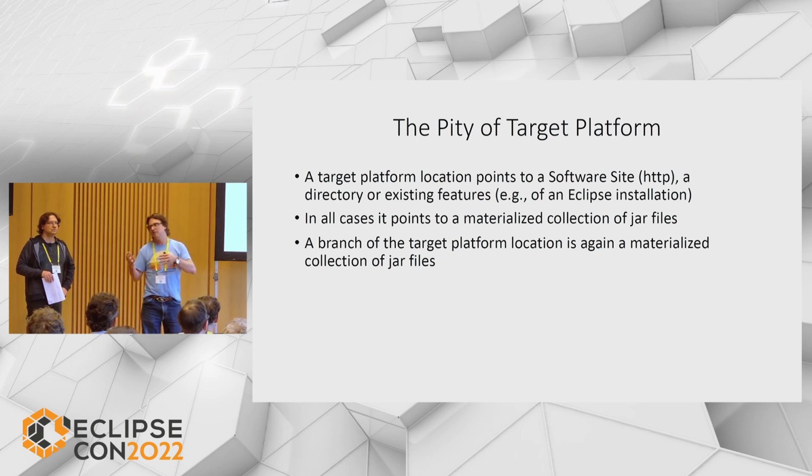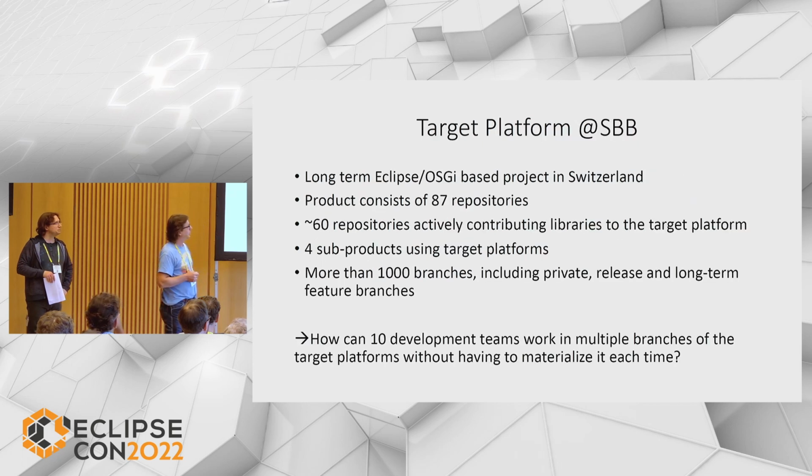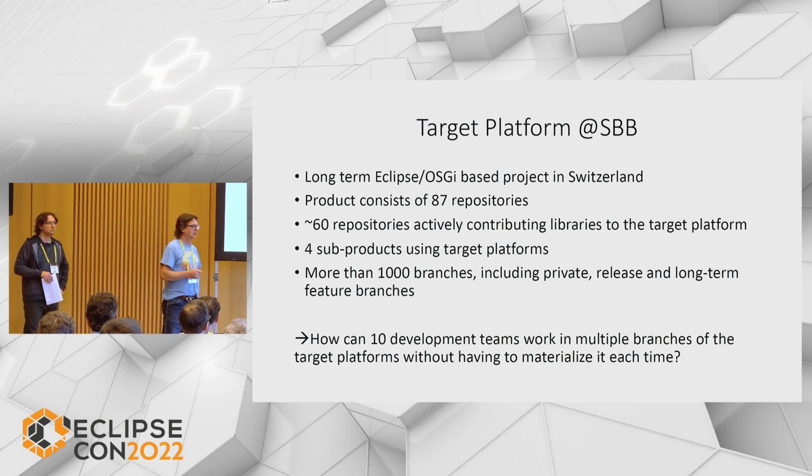You have to materialize it again, and this goes on. It's maybe not a problem if you only have, I don't know, 2 or 3 update sites and they don't change very regularly. But at my current job at Swiss Federal Railways, it's a long-term OSGi-based, RCP-based project, but that doesn't matter. We have problems I think many of us have.